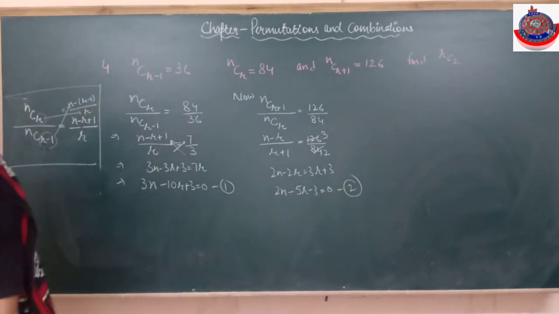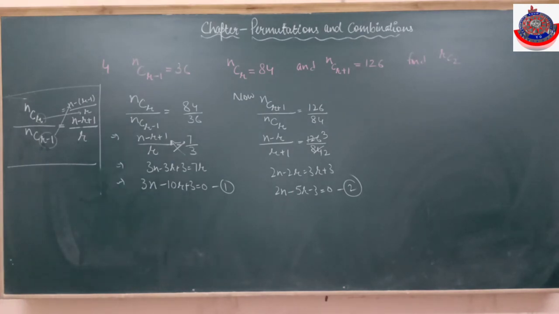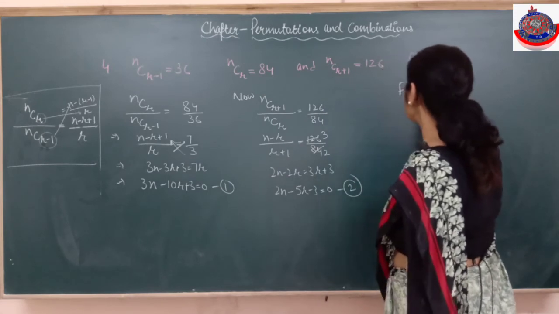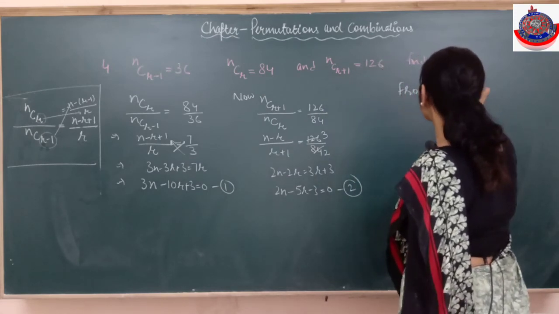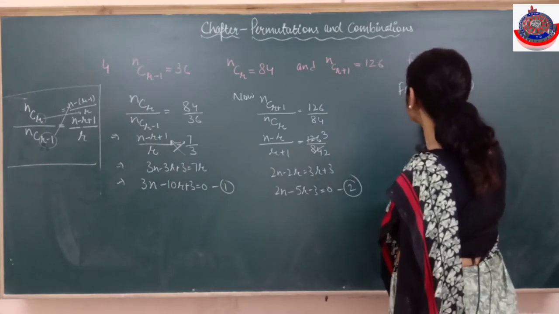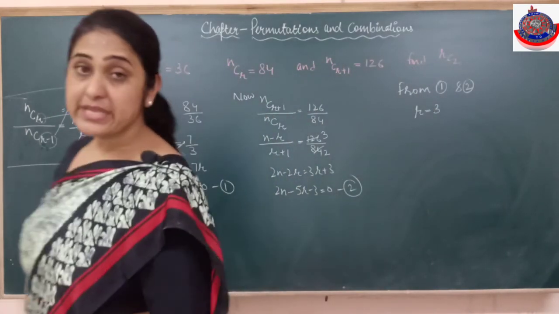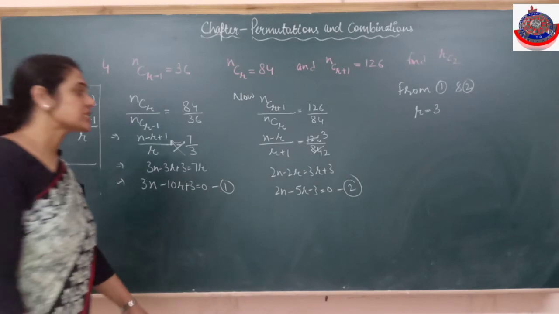Equations 1 and 2, and we know how to solve two equations simultaneously. If I solve these equations 1 and 2, r is coming to be 3. Alright, so we got r is equal to 3.